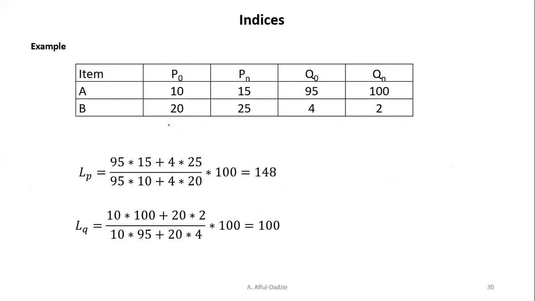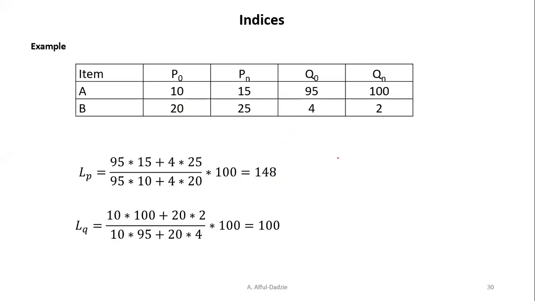So if you want to find the price index, at the numerator you take this guy and multiply by this guy, multiply by this, and sum it, and divide by this guy multiplied by this, and this guy multiplied by this, and sum it and multiply by 100, and it will give you your price index.